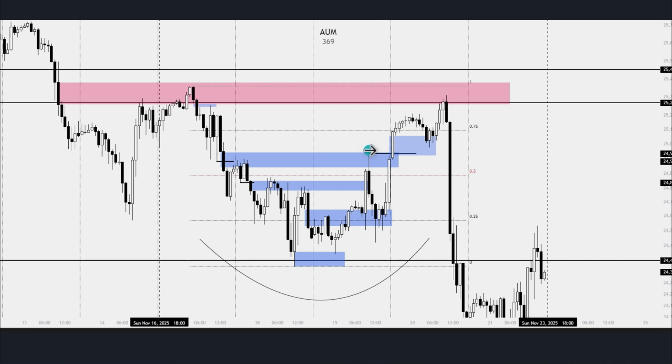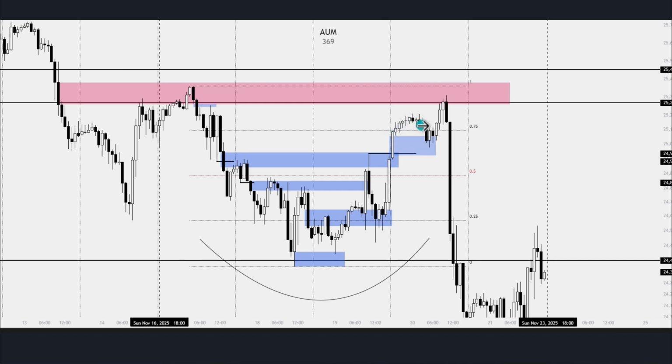For example, whenever price takes this, this PD array, this price range is not valid now. It's not going to be valid because price has displaced above this key price range, closed above this key price range, and created an FVG.